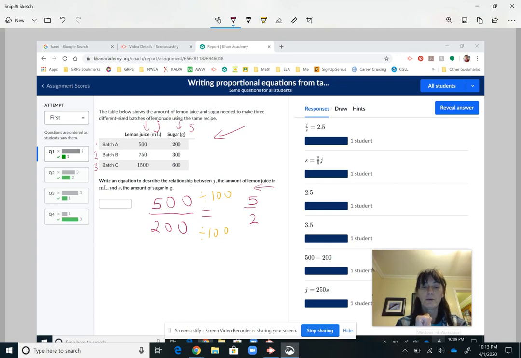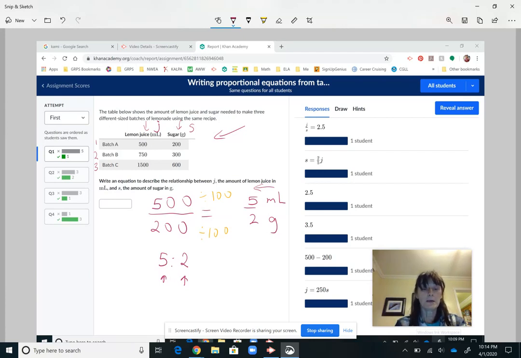So that's a ratio. For every 5 milliliters of lemon juice, I need 2 grams of sugar. So these are 5 milliliters of lemon juice, and these are 2 grams of sugar. I can leave it as a fraction. I can write it in this kind of ratio, and I know that the first part is milliliters of lemon juice, and the second part is grams of sugar.